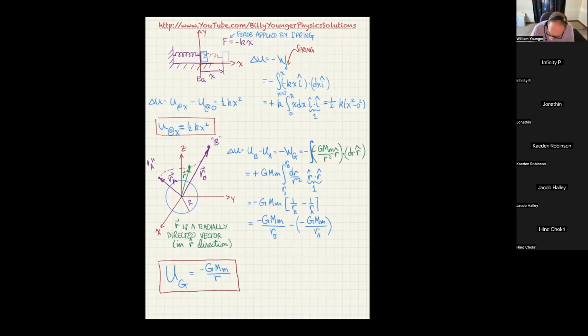So this is for R being any distance from, I'll say, the center of mass of the "planet." I'll put that in quotation marks because it could be an asteroid or something like that.